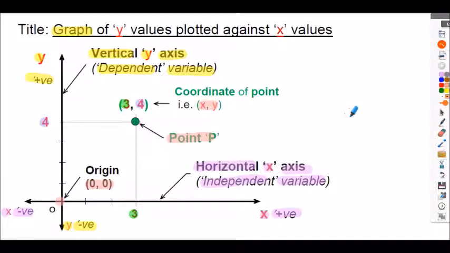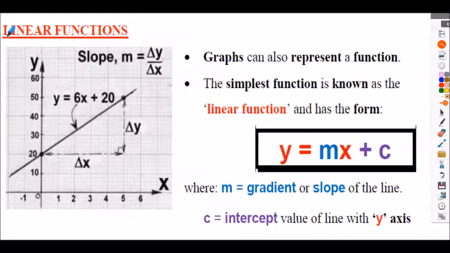So what we have here is an illustration of the y values on the vertical axis being plotted against the x values on the horizontal axis. Let's consider linear functions, because graphs can also represent functions.